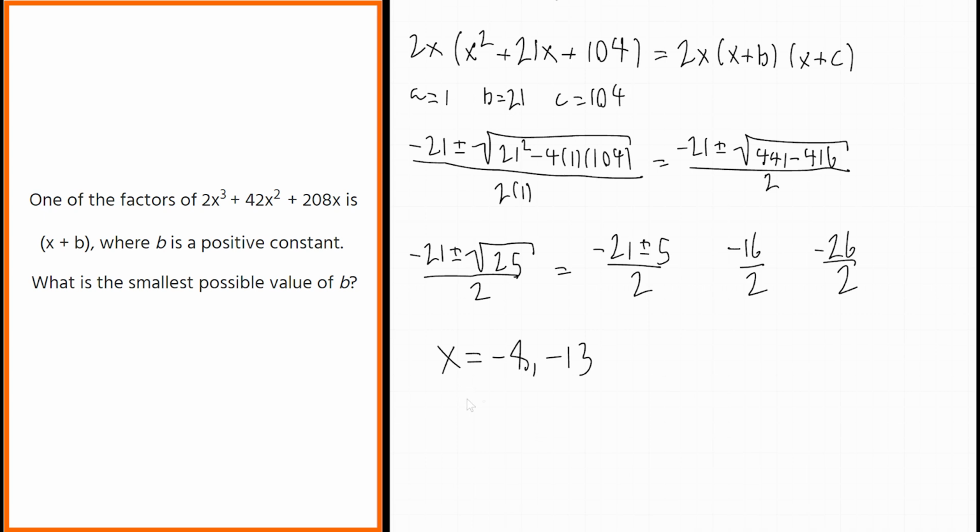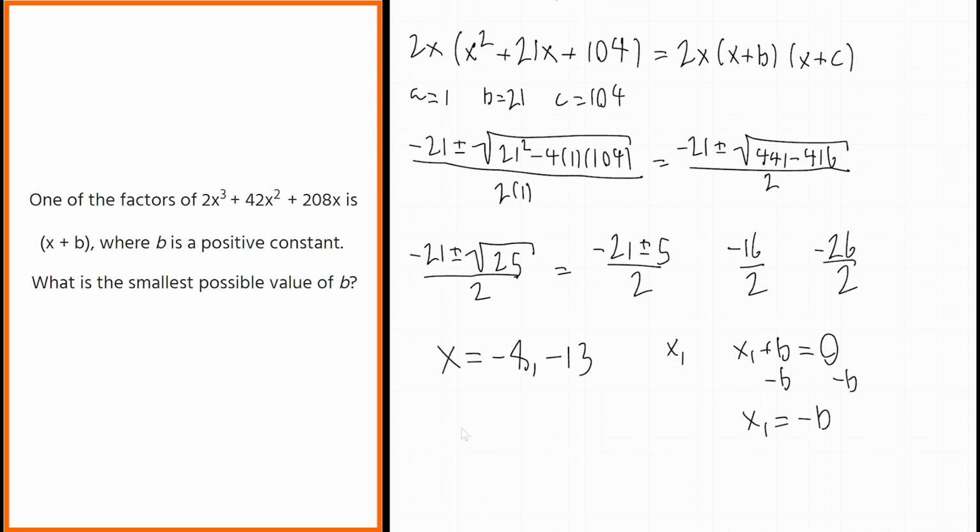But we have to remember what that means to get back to the answer we're actually looking for. Remember, if we have a zero, let's say x1, what that means is if we plug that x1 into our equation, we will get 0, which means, let's subtract our constant from both sides, that our zero of the equation is actually the opposite of the constant value that we're going to have in our term.